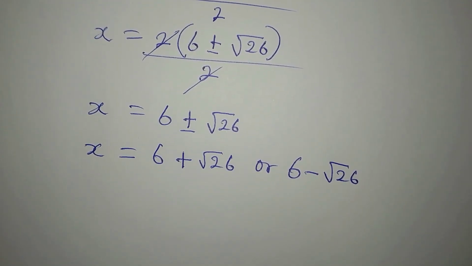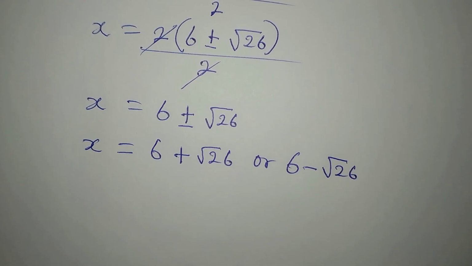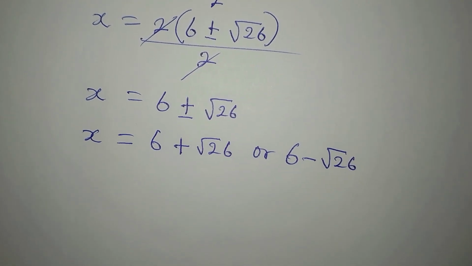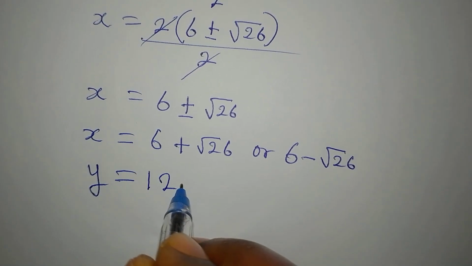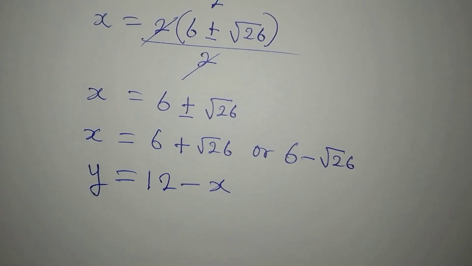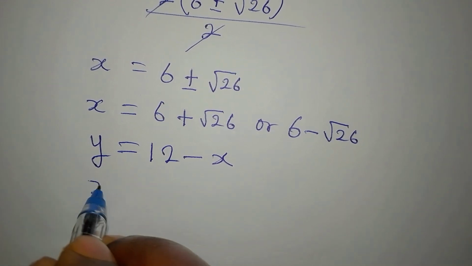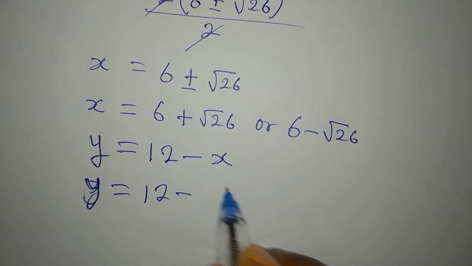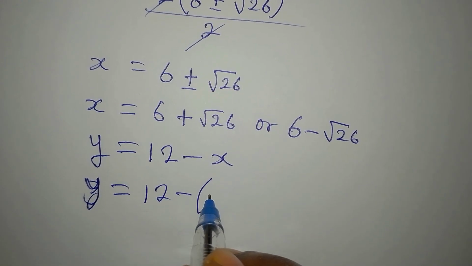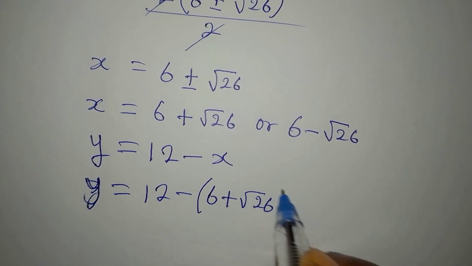But for these values of x, we are to have corresponding values of y. So we go back to equation 3, and it's y equals 12 minus x, if you can recall. Now put in the first value of x so that y will now be 12 minus, open bracket, x is now 6 plus root 26.